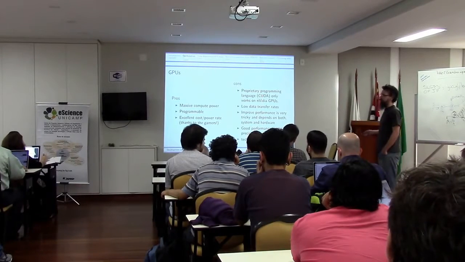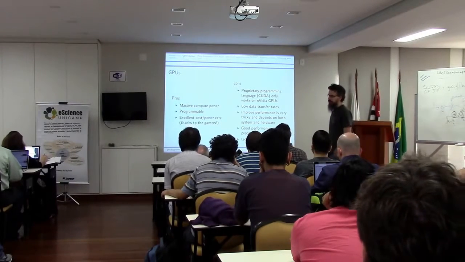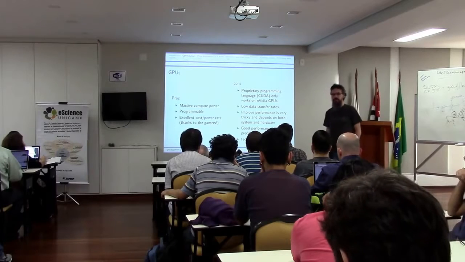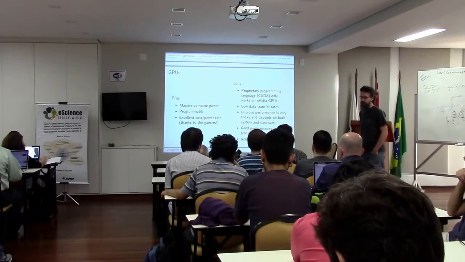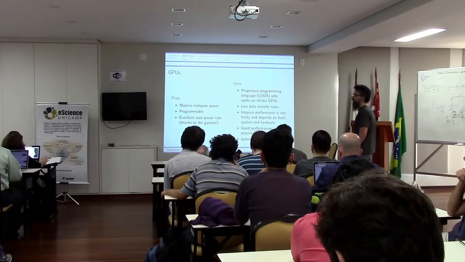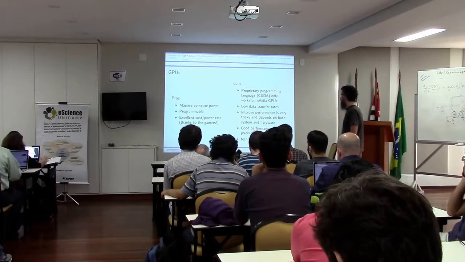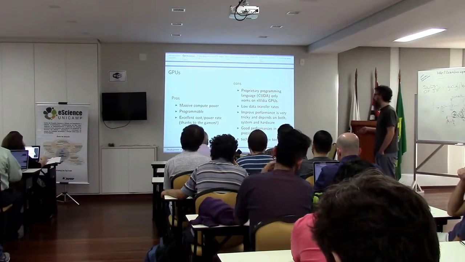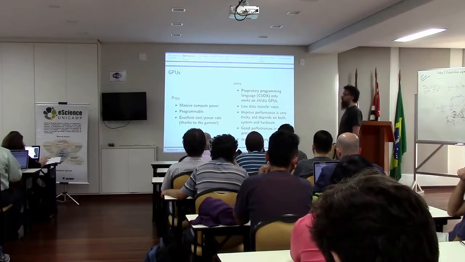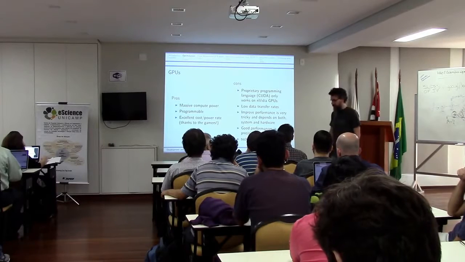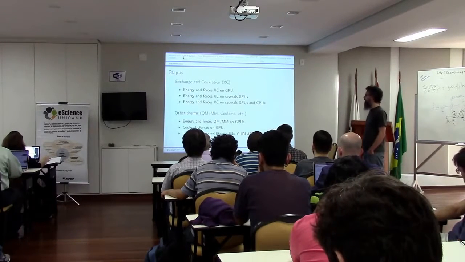But it has a lot of cons, like you have to produce code especially for this device, thinking about the different kinds of memory and their use, and with trial and error on how to use this hardware. So to do this, we need the help of computational scientists who know more about it.